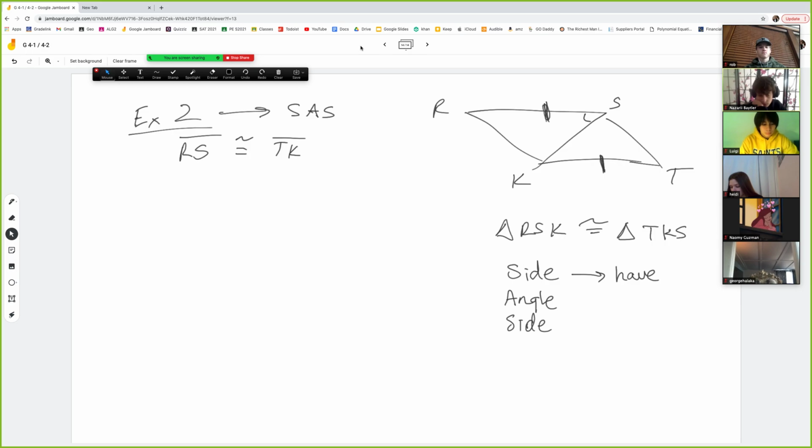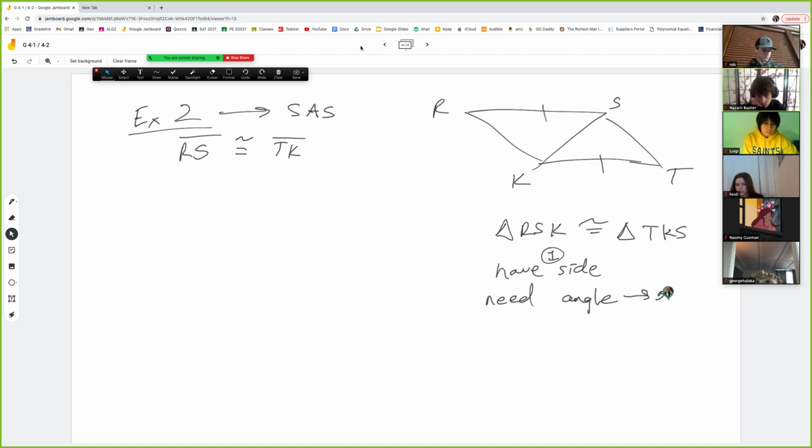Okay, so we need an angle and a side. Now, what side do we know for sure? Oh, I didn't take out that angle. Okay, so we have one side. We need an angle and then another side.